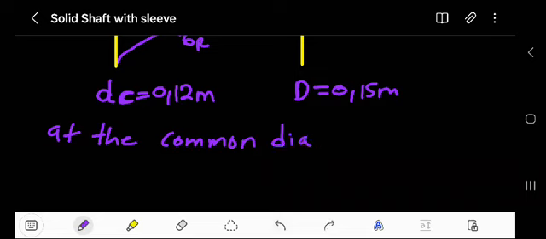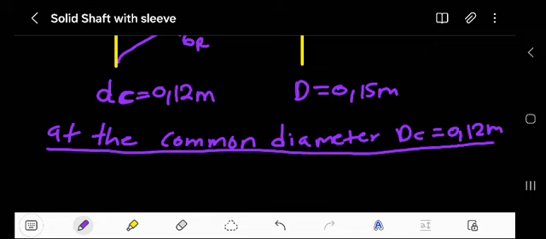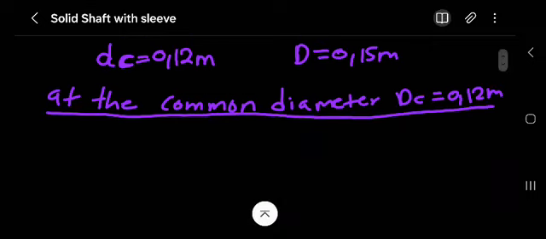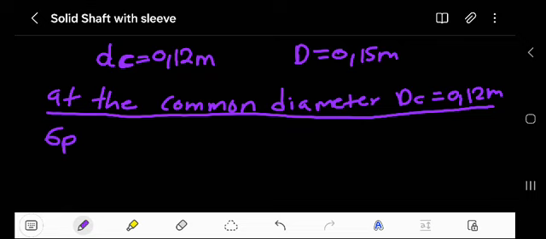You can say Dc is 0.12 meter. We're stating it here so that they will understand. So the examiner now knows the radial stress is at the common diameter.